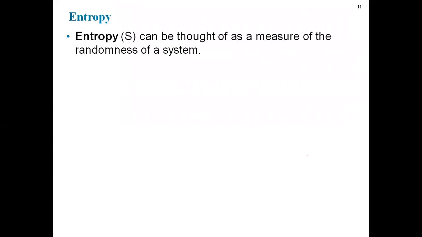Okay, so the entropy S can be thought of as a measure of the randomness of a system. For the randomness of the system, you can think about what is in the system. Your system might have, let's say, gas molecules. The randomness means where are those gas molecules?